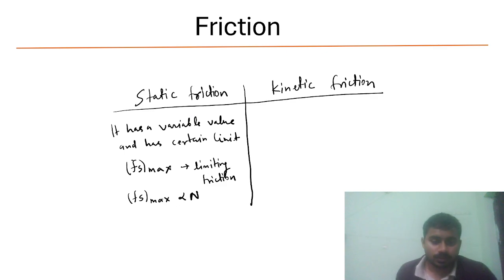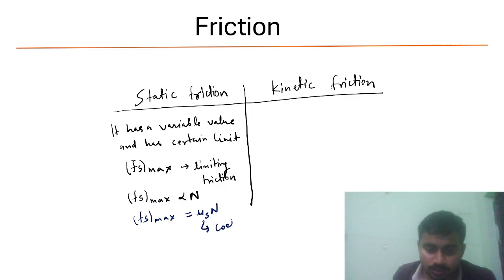So the maximum static friction is directly proportional to the normal force, and when we remove the proportionality sign it is equal to mu s into N, and this mu s is known as the coefficient of static friction.